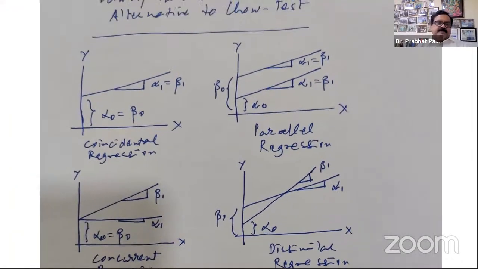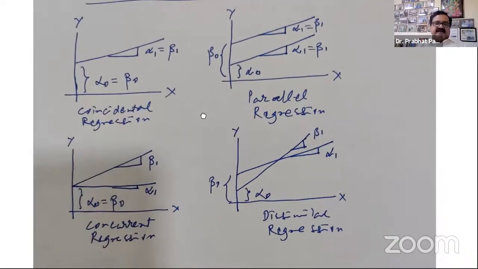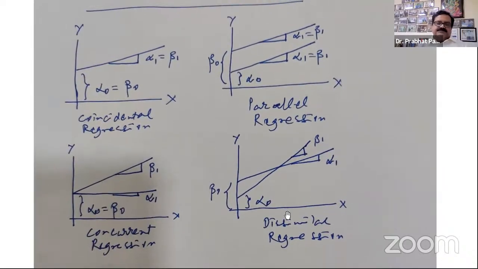Now there can be four different scenarios that we may observe. When we are talking about the change in behavior, there are two things that we are talking about. One is the change in quantum. Say, for example, people were saving more earlier, and now people are saving less. So this is a quantum change. Second is a behavioral change.